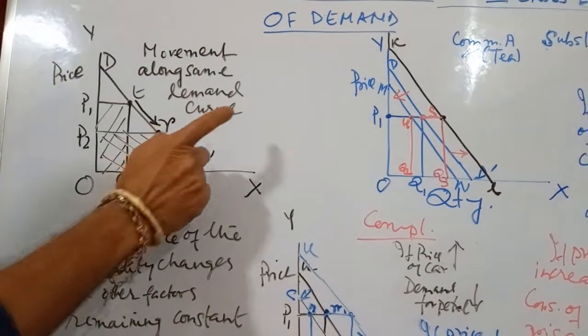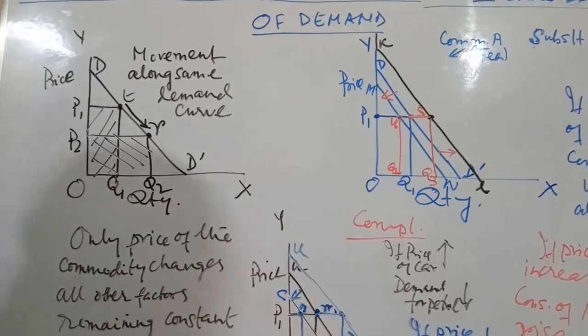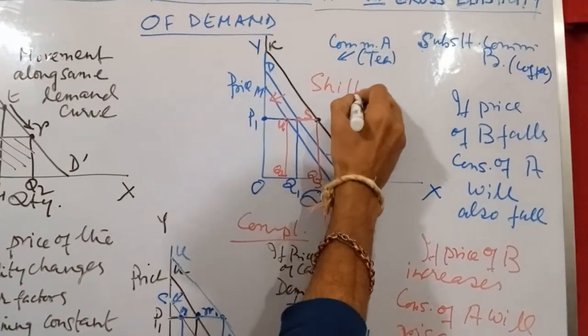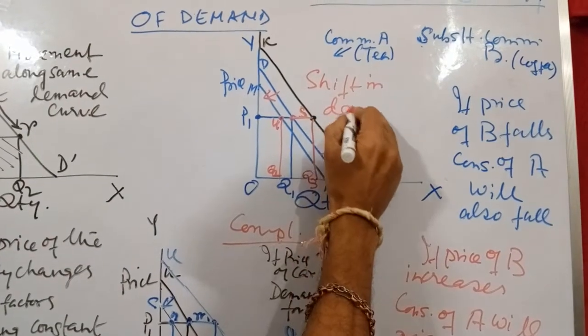So this is movement along the demand curve and this is shift in demand curve.